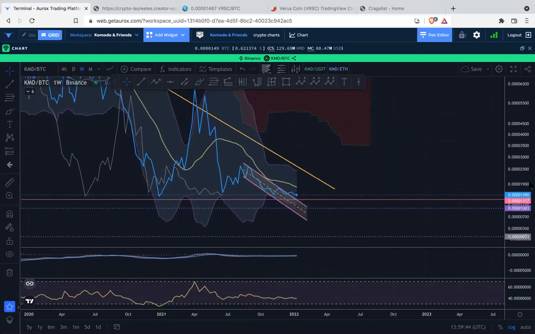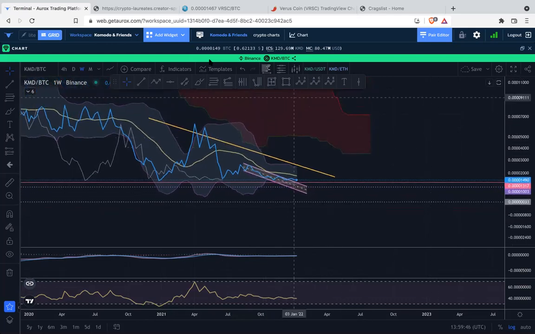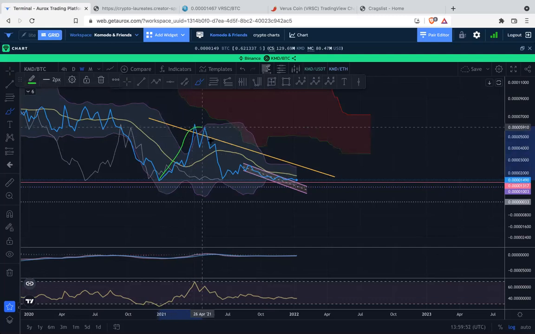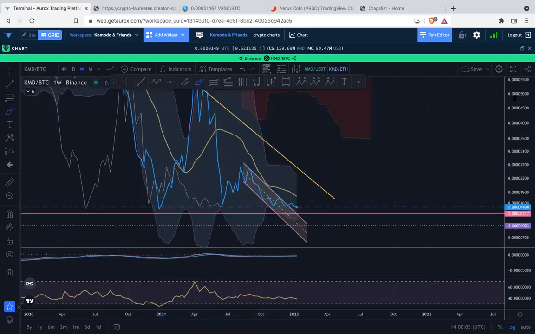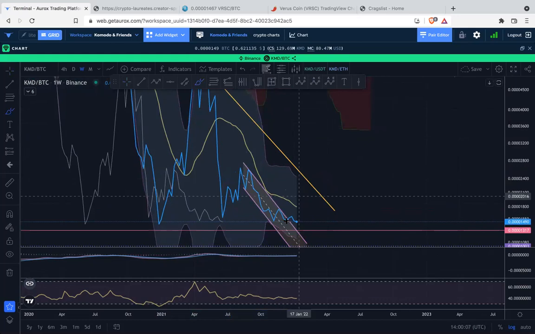The other thing I wanted to notice is that we have made a big bounce after coming down. We've made a big bounce up and down. We made a smaller bounce up and down, and then a smaller bounce up and down. And even within the smaller bounce, when we go into it, we can see that potentially here we've made another smaller bounce up and down within this bigger small bounce.